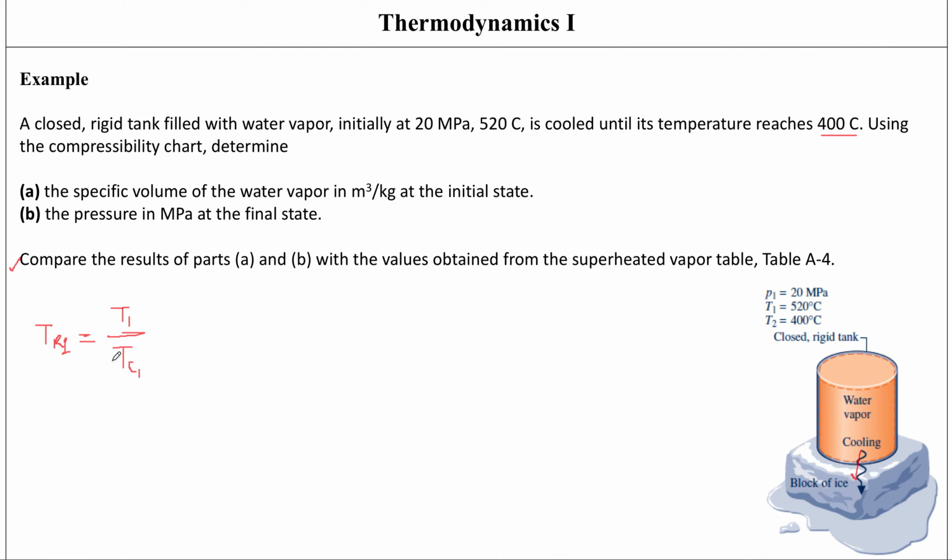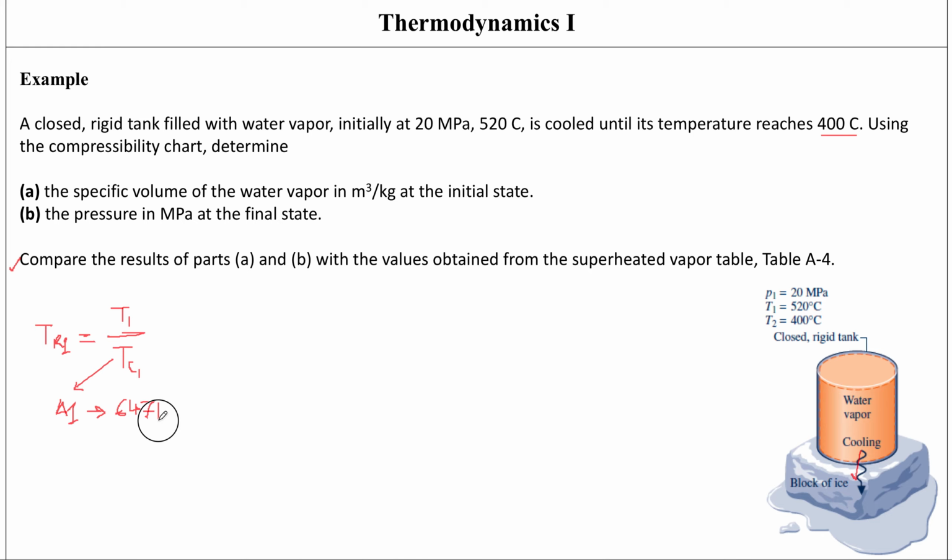So where am I going to find this out from? You can go to table A1, and over there for water vapor, you can find out the value for TC. It comes out to be around 647 kelvins.